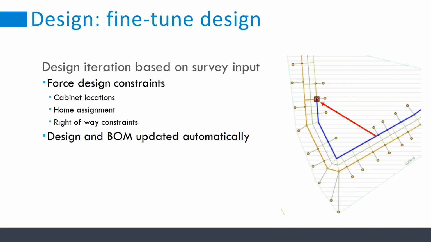So these kind of changes you can also make in your design. Also reallocate homes to a different cabinet or impose rights of way constraints. And with the software, you can force these design constraints and then recalculate so that you get an updated design and bill of material.